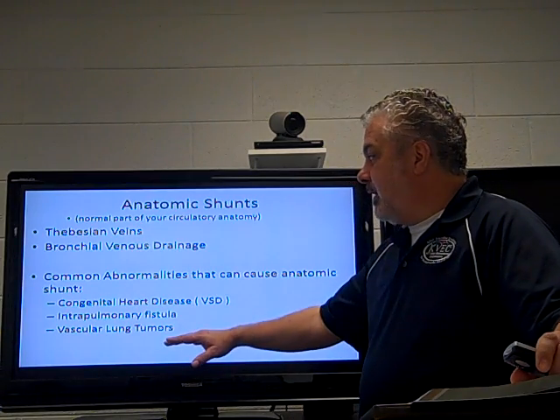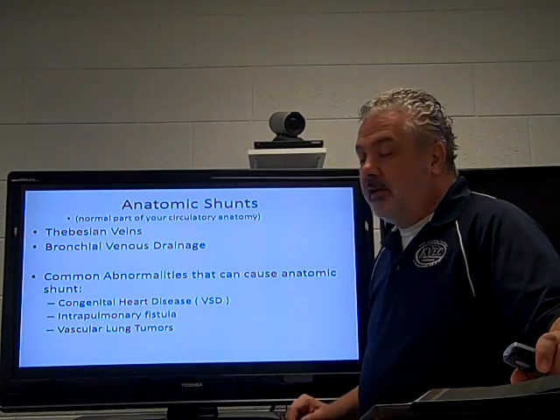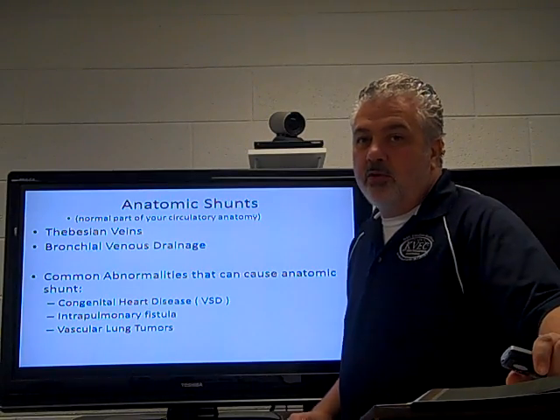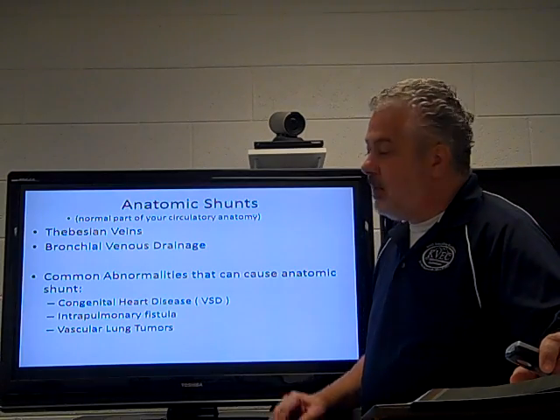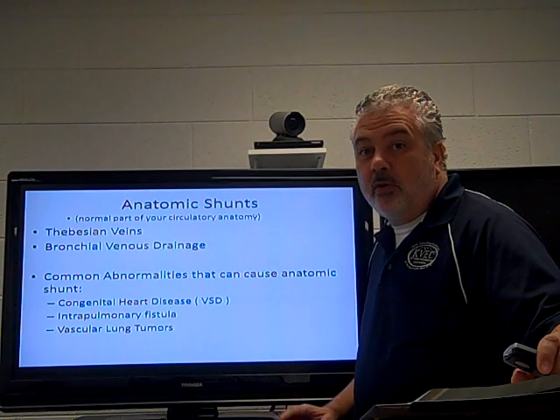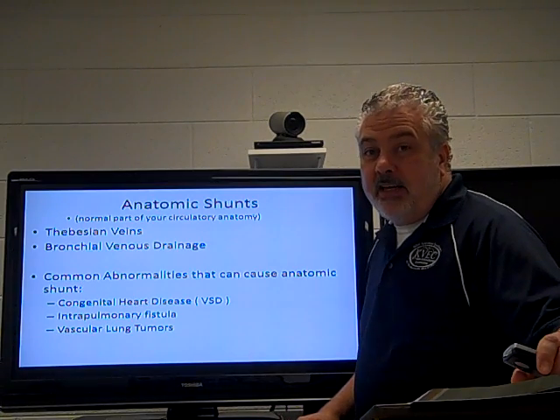So these are the abnormalities that contribute to anatomic shunt, but anatomic shunt exists normally. The normal anatomic shunt percent is 2 to 5%, and maybe even as much as 10%.